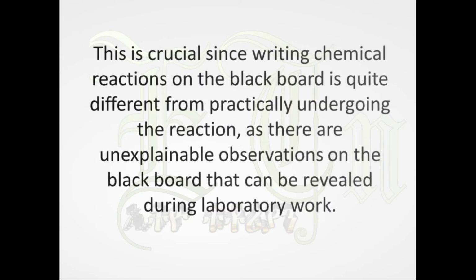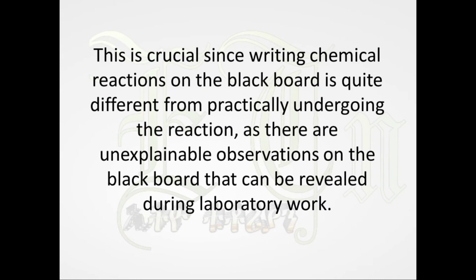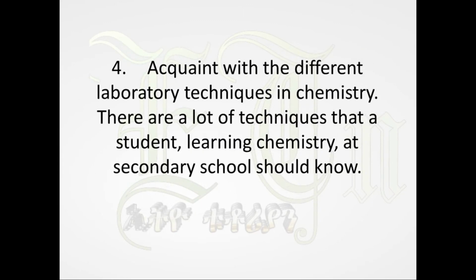This is crucial since writing chemical reactions on the blackboard is quite different from practically undergoing the reaction, as there are unexplainable observations on the blackboard that can be revealed during laboratory work. 4. Acquaint with the different laboratory techniques in chemistry.